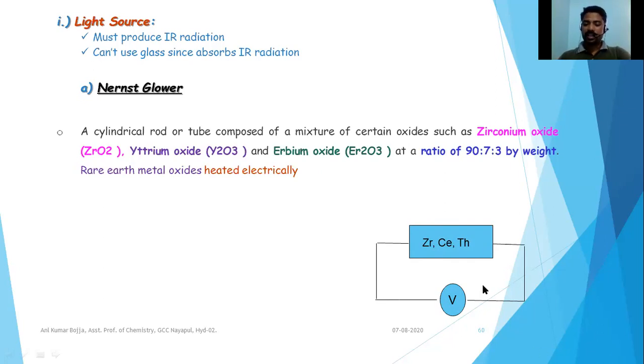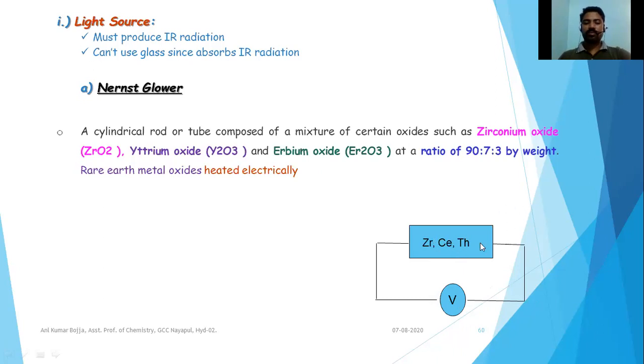Now you can see here a circuit of the Nernst glower. Here is the voltage controller. From the positive end of the circuit to the negative end of the circuit: zirconium, cerium, thorium.